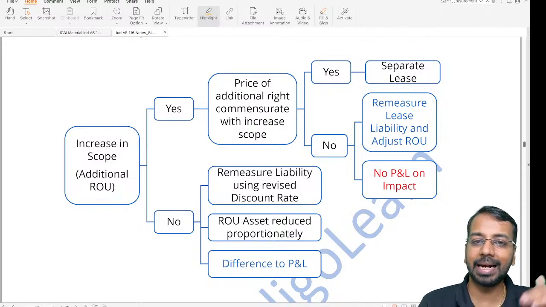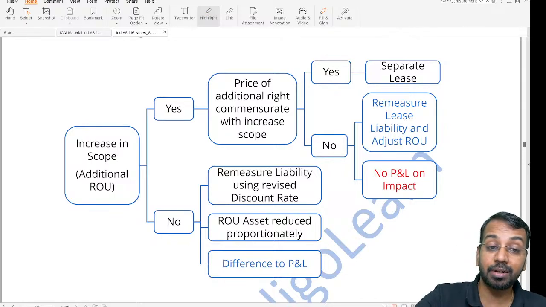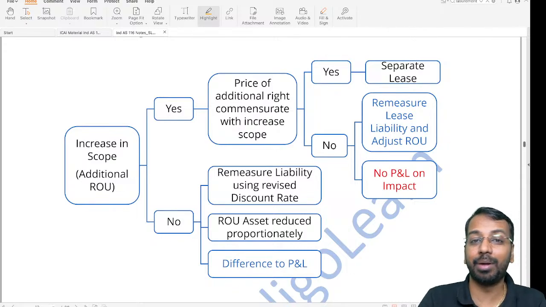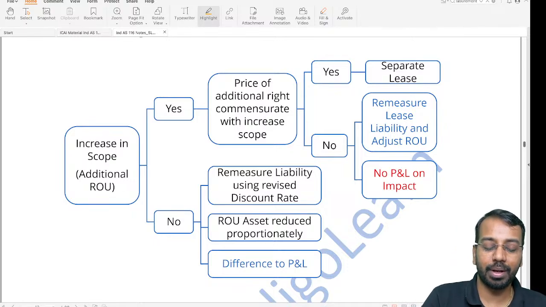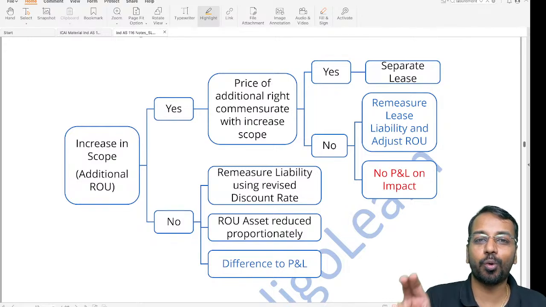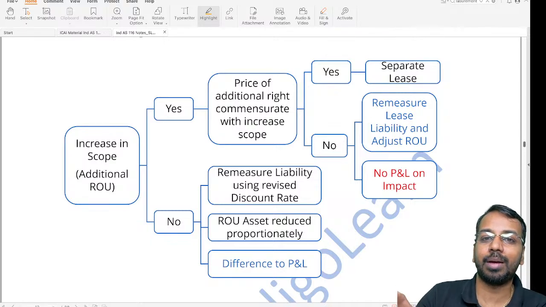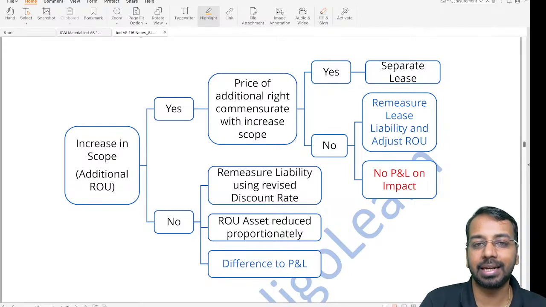I added a second floor, he gave at 20,000, means 10,000 plus 10,000, 20,000. Now the price of the additional scope is commensurate. Commensurate means it is relatable, it is in line with increase in scope. Means whatever is the increase in scope, the price that I am paying is the price for the increased scope independently. So earlier I was paying 10,000, for one more floor I am paying 10,000. That is called the price which is commensurate with the increase in scope.